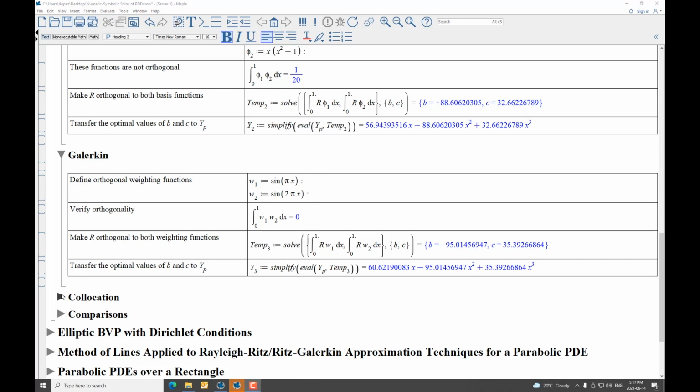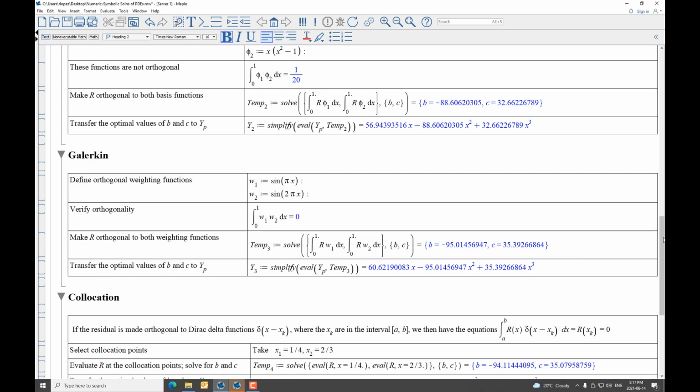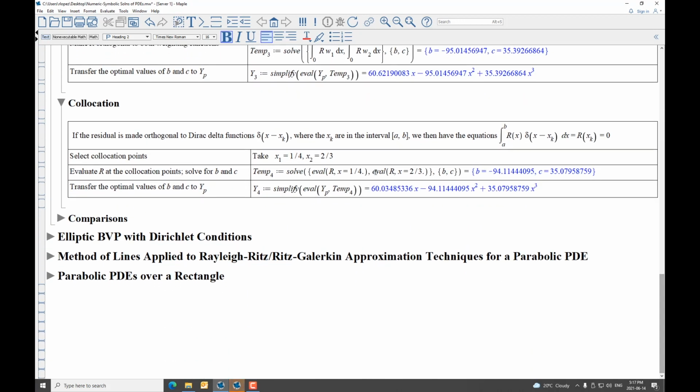In the collocation approach, the residual is made orthogonal to delta functions. So you basically evaluate the residual at an appropriate number of points. Here it would be 2 to get equations to determine B and C. That gives you values that you can put into the template, and you now have another approximation.